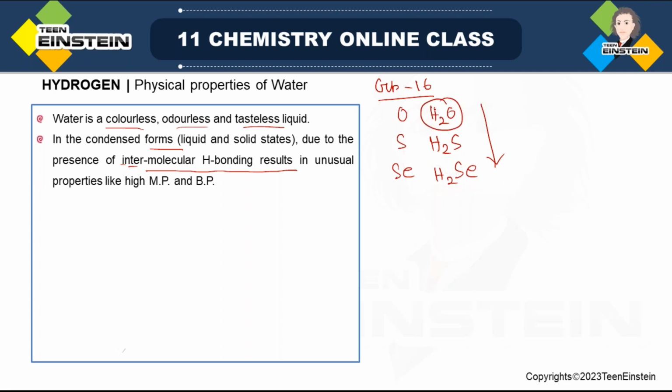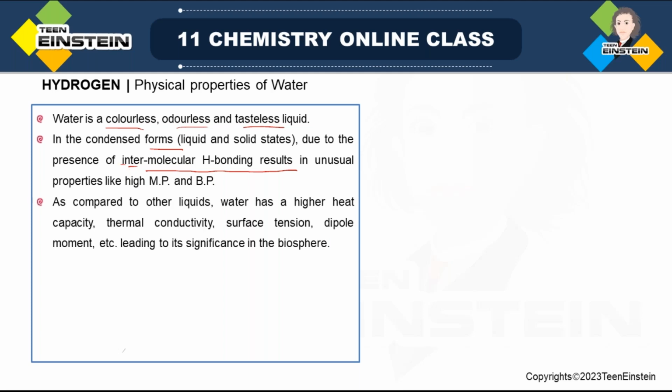But for water, its melting point and boiling point are unusually high compared to the other hydrides of the same group. The reason behind this is intermolecular hydrogen bonding. So high BP and MP, the reason is hydrogen bonding.